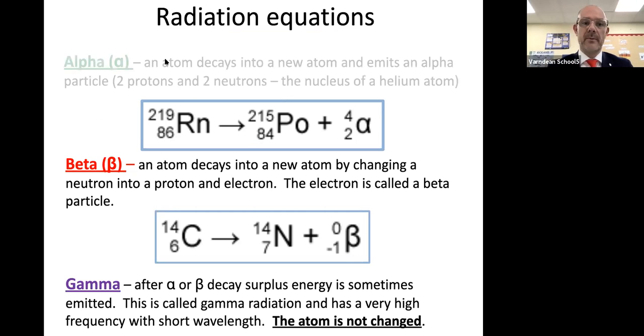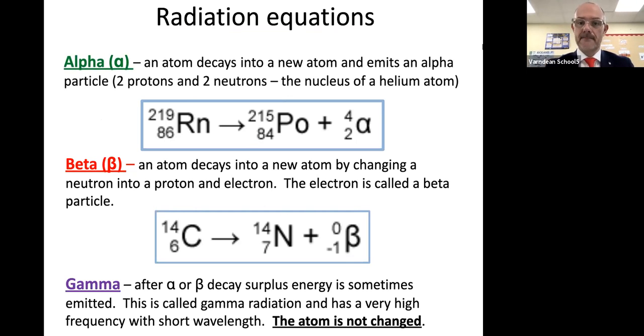The first one up here is alpha decay. So if an atom decays into a new atom and emits an alpha particle, what we do is we take the alpha particle away from the top over here. You will never be expected to work out what symbol turns into what symbol. You might have to look it up on a periodic table, but you won't have to remember it.